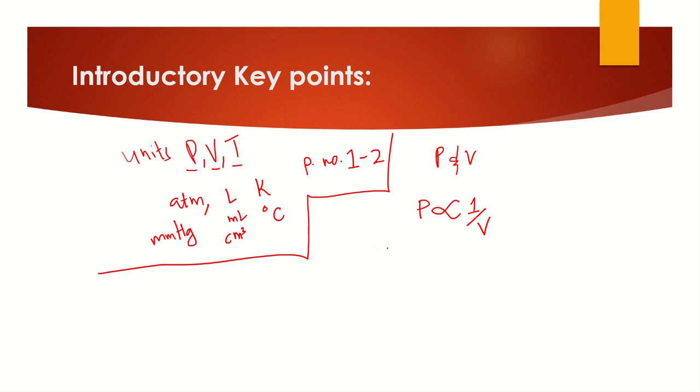That means when the pressure increases, volume is going to decrease. Likewise, when the pressure decreases, volume will increase. So this is what we call an indirect relationship, or inversely proportional.